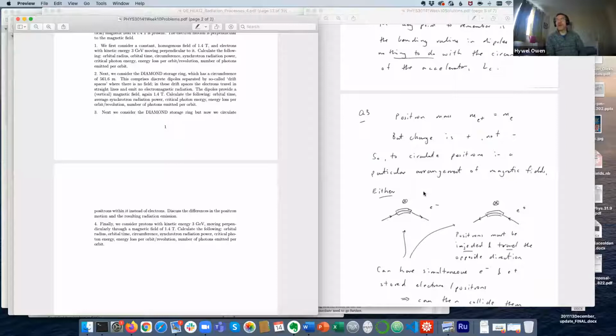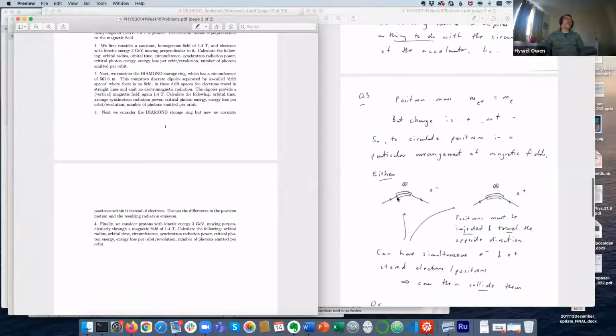You'll be able to see the dipole magnets, and in the intervening drift spaces, you'll be able to see quadrupoles. In fact, the drift spaces are so filled up with quadrupoles and other equipment that they don't even look like drift spaces. Okay, so just look out for that. But in order to circulate these positrons in the same arrangement of magnetic fields, we must do one of the following.